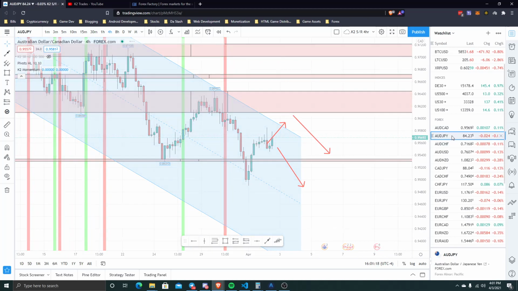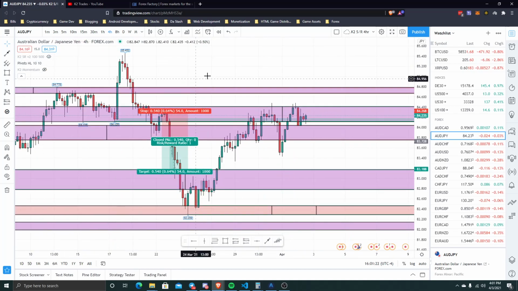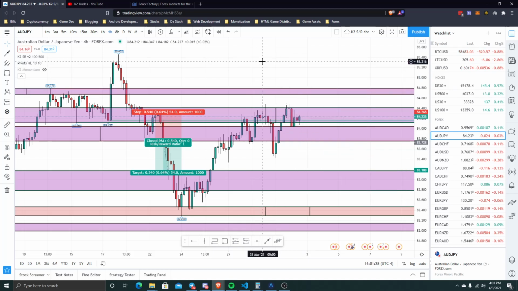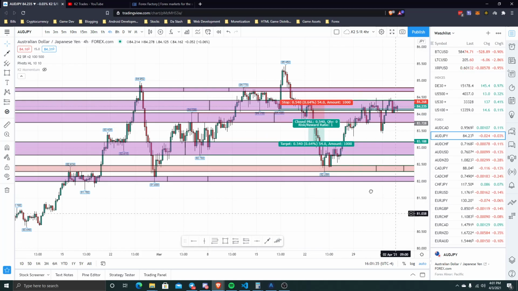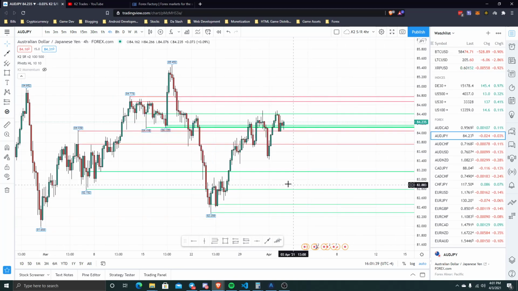So let's go to AUD JPY. So I'm gonna turn off the momentum, turn on my zones. So I'm gonna go ahead and delete everything off this chart and start over. Remove drawings.